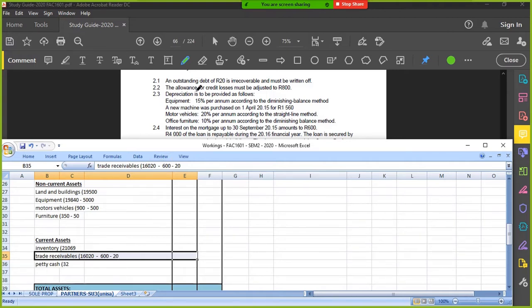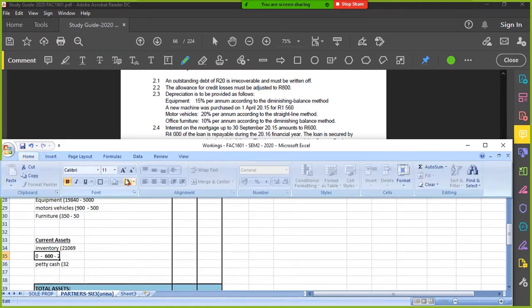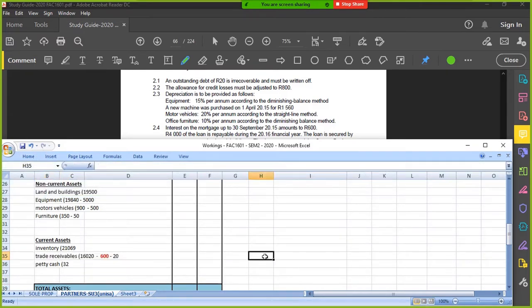Next one. The allowance must be adjusted to 800. Let's go look at the allowance. Here's the allowance. I'm going to highlight it. Can you tell me what to do, debit or credit? Here's revision. How do we adjust for the allowance?